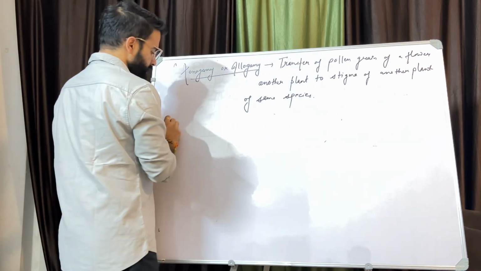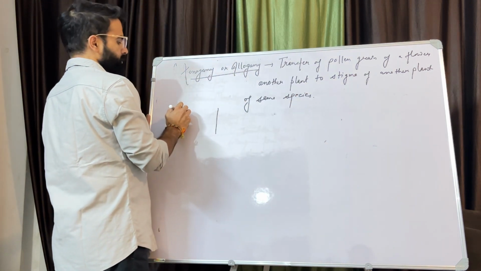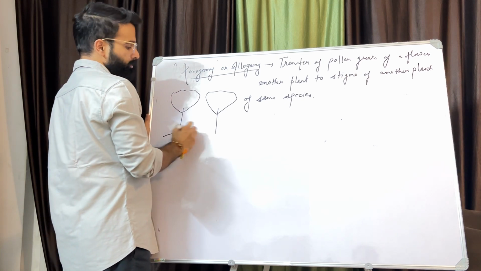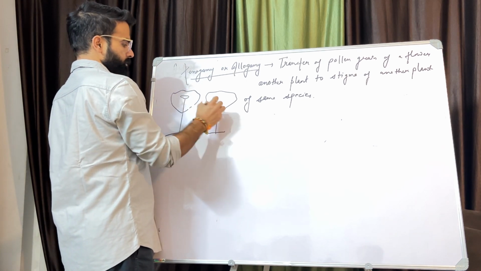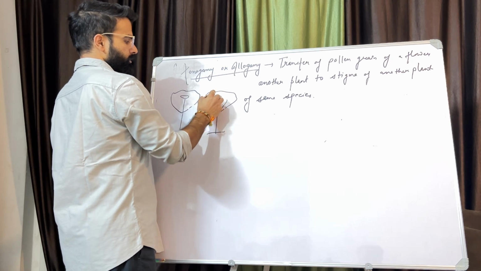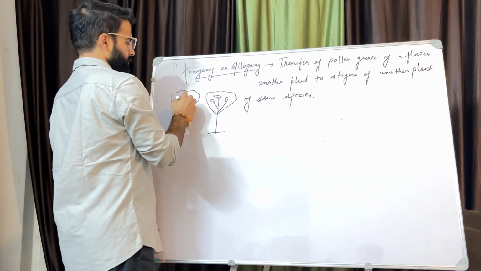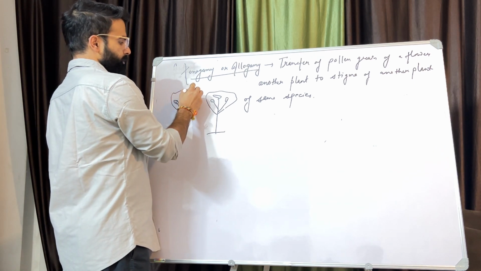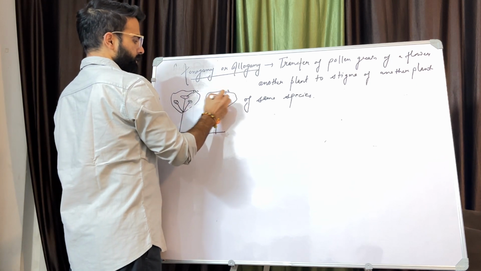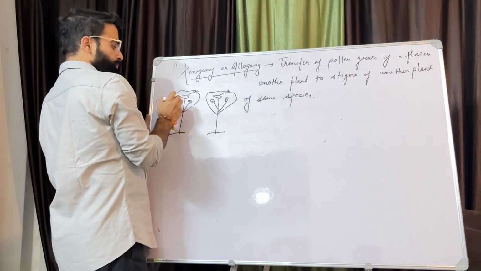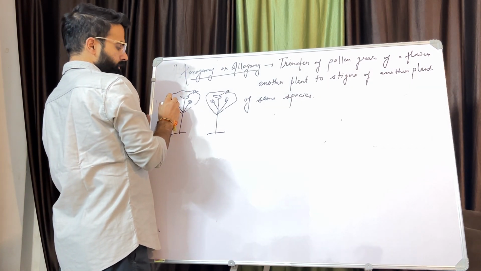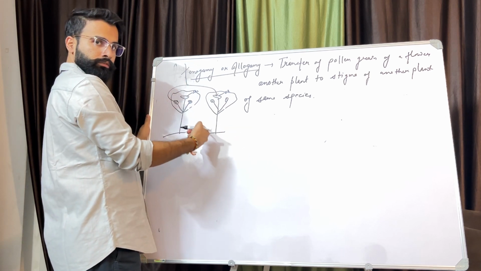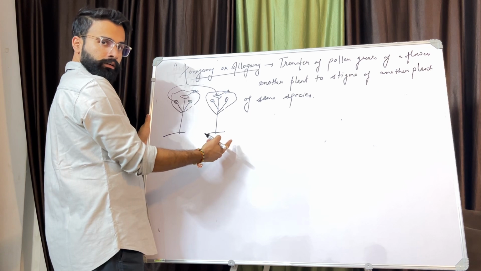Which means we have two plants, for example two rose plants. This is anther and this is stigma. So transfer of pollen grain from anther to stigma of another flower of another plant of same species.